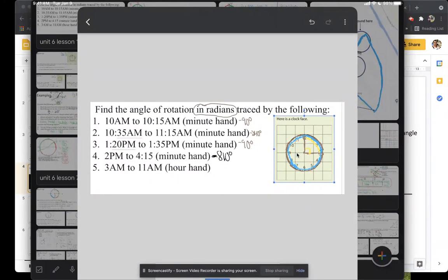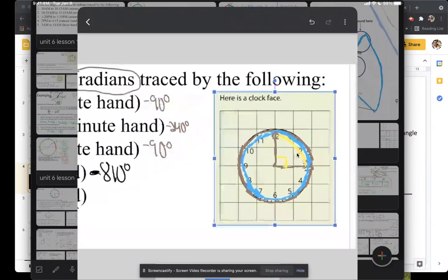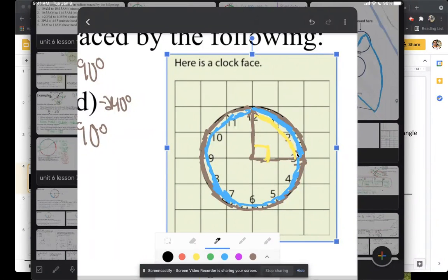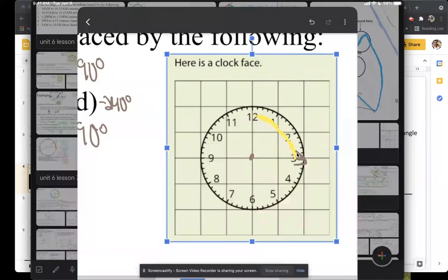Okay. Number 5, we're going to change it up a little bit. We're going from 3 a.m. to 11 a.m., but now we're looking at the hour hand. At 3 a.m., where is the hour hand pointing? Not the minute hand. At 3 a.m., the hour hand is pointed towards the 3. That's why it's called the hour hand. And at 11 a.m., it's going to be pointed towards the 11.